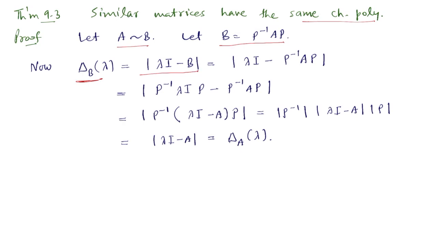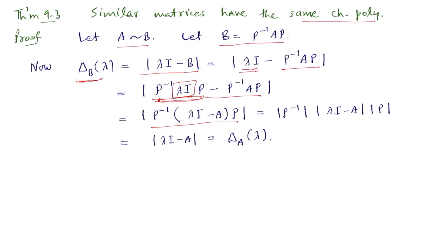Put the value of B here, that is P inverse A P. Lambda I we can write as P inverse lambda I P, because lambda I is a scalar matrix, it will commute with P, so P and P inverse cancel each other. This P inverse lambda I P and minus P inverse A P can be written this way, P inverse (lambda I minus A) P.